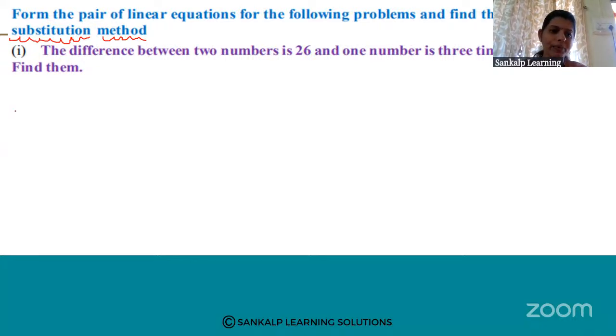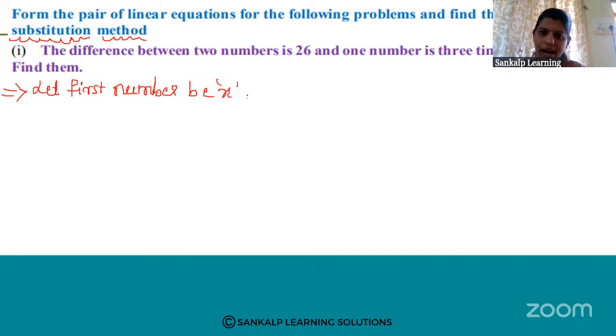So for that, how many numbers are there here? Two numbers are there. Let us consider the first number as x and the second number as y, okay?